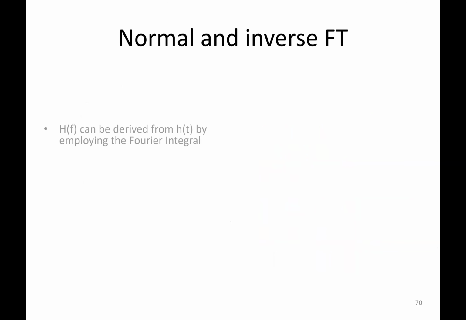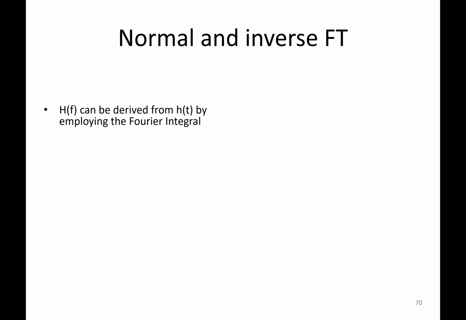Okay, so if you do the normal Fourier transform, and then the inverse FT, it means you change the spectrum from the frequency domain to what? From the frequency domain to the time domain, to what it was. And you can carry on.